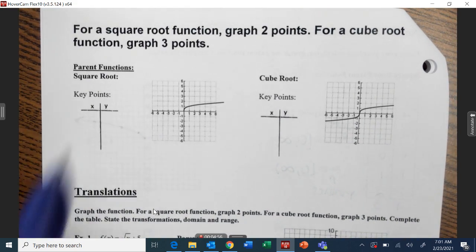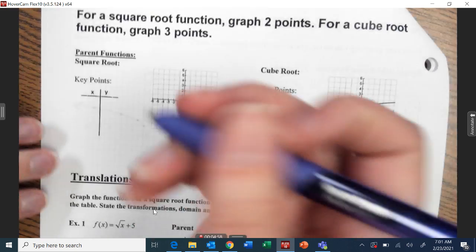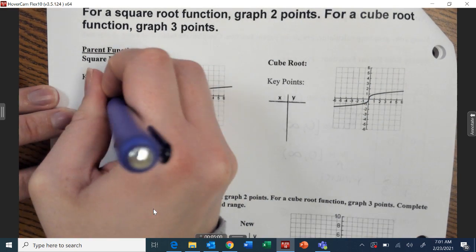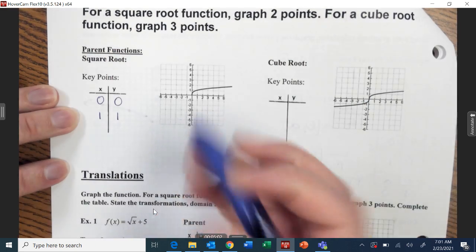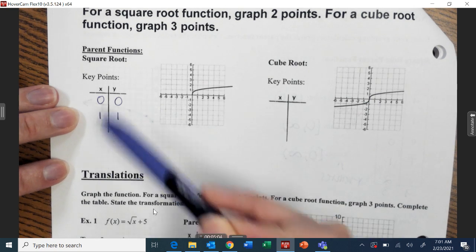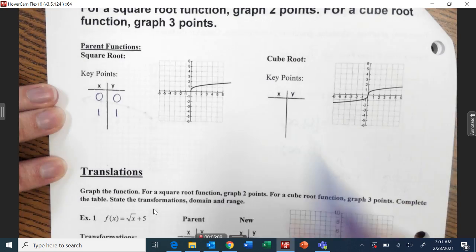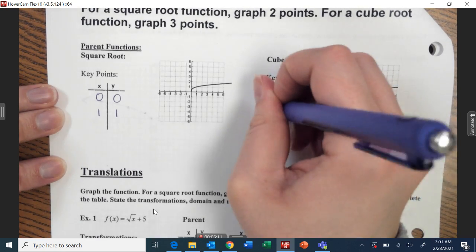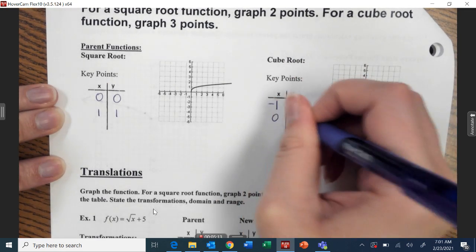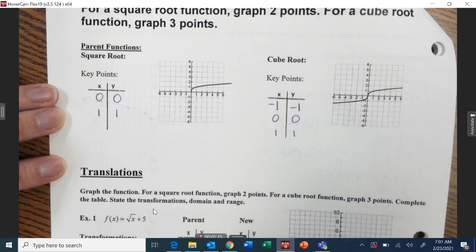For our purposes, we are going to graph the square root function using 2 points, (0, 0) and (1, 1). Obviously, we can continue further, but we're going to let these be our key or our parent points. For cube root, we're going to do 3 points, (-1, -1), (0, 0), and (1, 1).